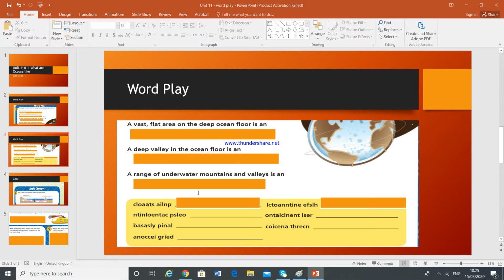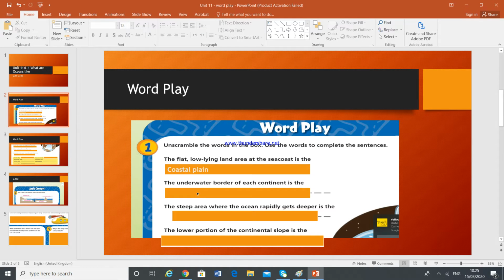Next, the underwater border of each continent is what? Girls, when I say underwater border, for example, you are diving deep into the ocean and you have gone to the seabed, the floor of the ocean.